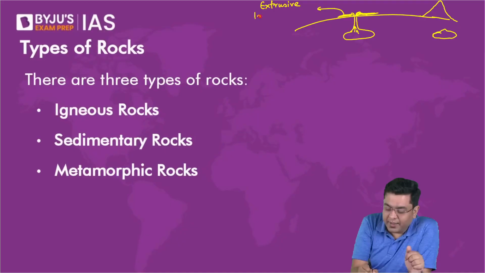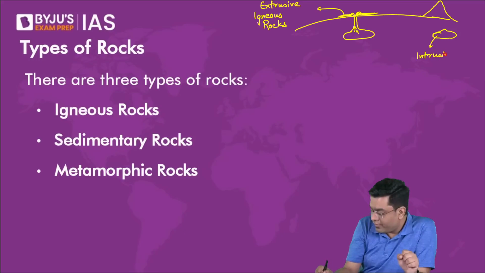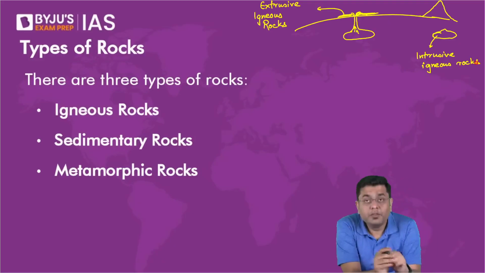And when they solidify in the interior itself, let's suppose they have solidified in the interior itself, they are referred to as intrusive igneous rocks. Intrusive means on the inside. So, whenever molten materials solidify, they will form igneous rocks.